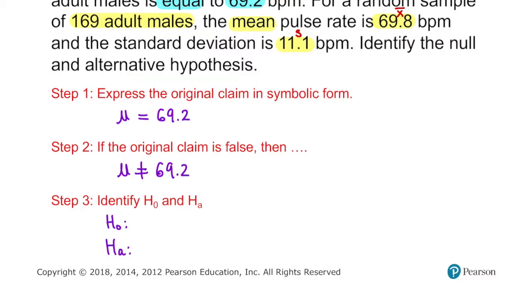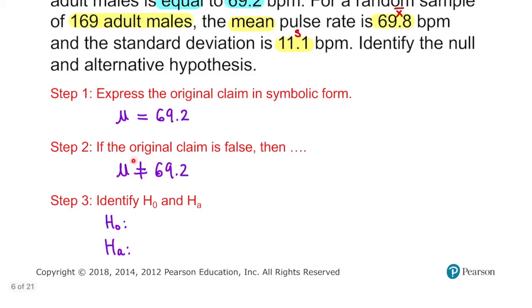From the statements that you have from step 1 and step 2, you pick the one without the equal sign for your HA. So HA only contains the statement with the inequality, which is not equal to in this case.